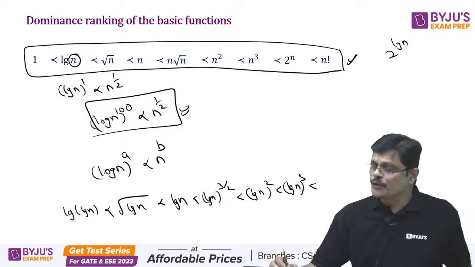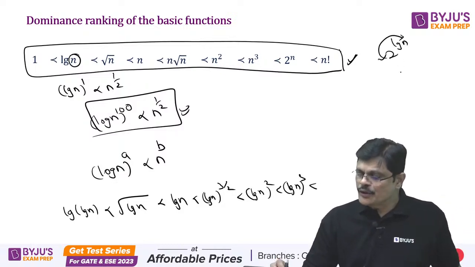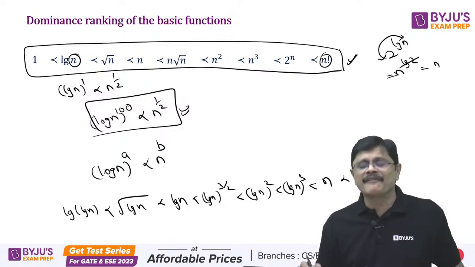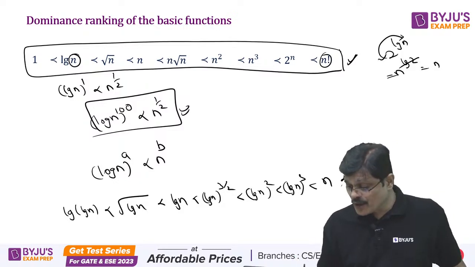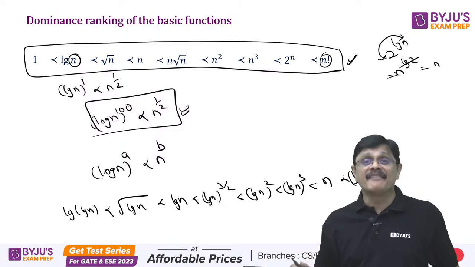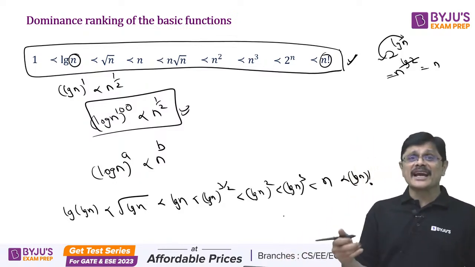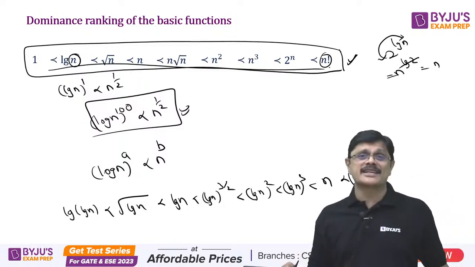Just now I told you these two can be exchanged, so you get n power log 2. Log 2 is 1, so you get n, so it is smaller than n. And log n factorial, this is log n whole factorial, not log n factorial, sir. It is log n whole factorial, then n factorial. So you can create this dominance ranking if you know the basic dominance ranking, my dear friends.